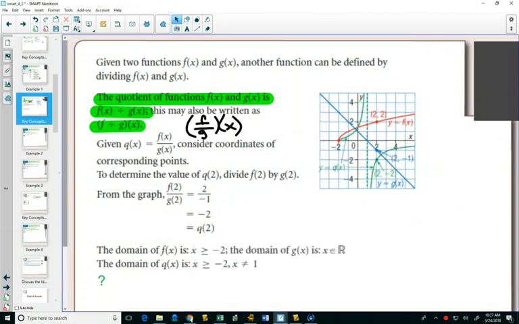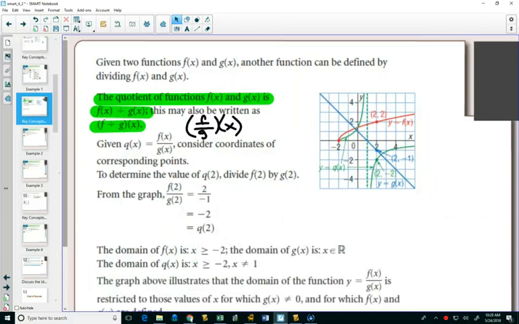And the thing that's different with domain is our red function is restricted to be x is bigger than or equal to 2, but our green function also has an asymptote.